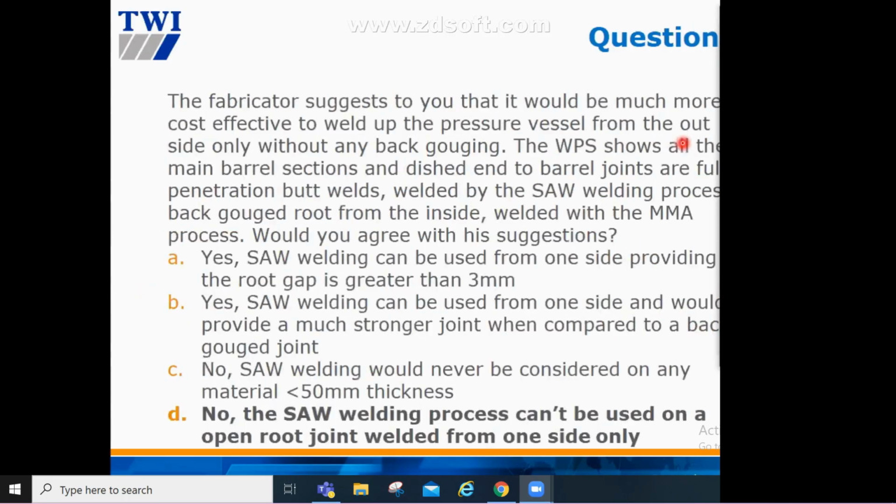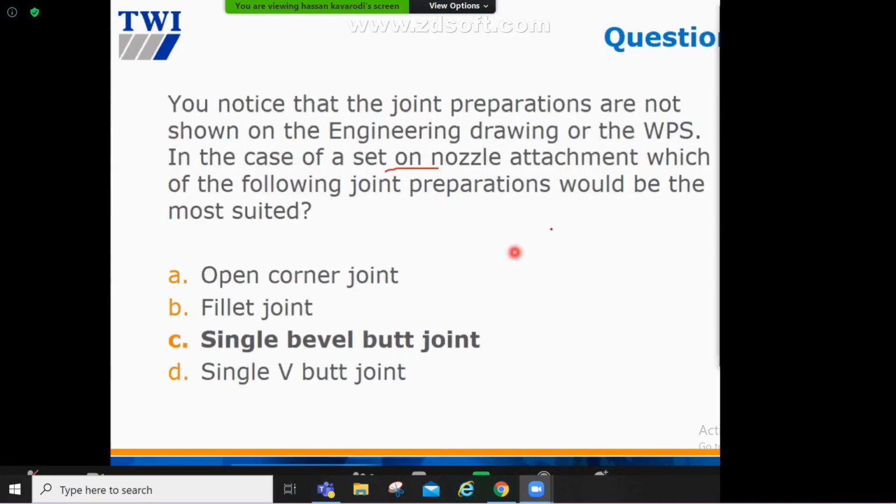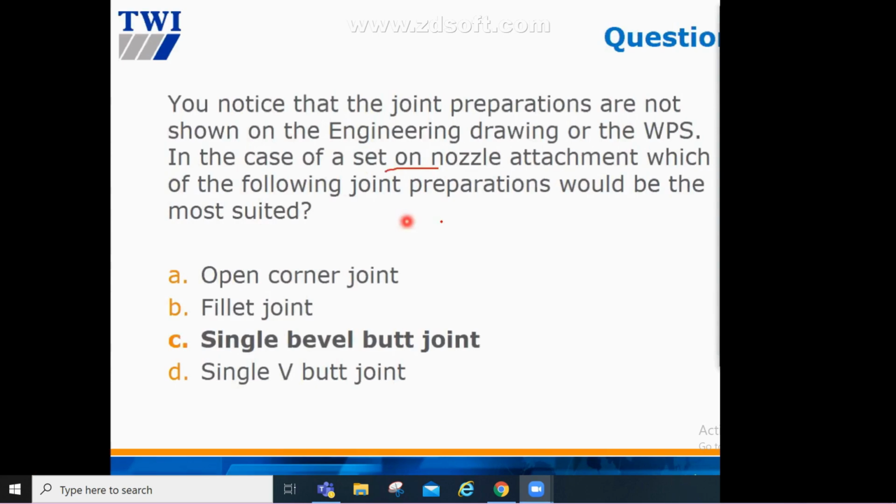All right, question number 2. You notice the joint preparation are not shown on engineering drawing or WPS. In the case of set on, or sometimes they call it set out. Yeah? Set out. So in this set out, we have square shell. They're not doing any bevel to the shell.